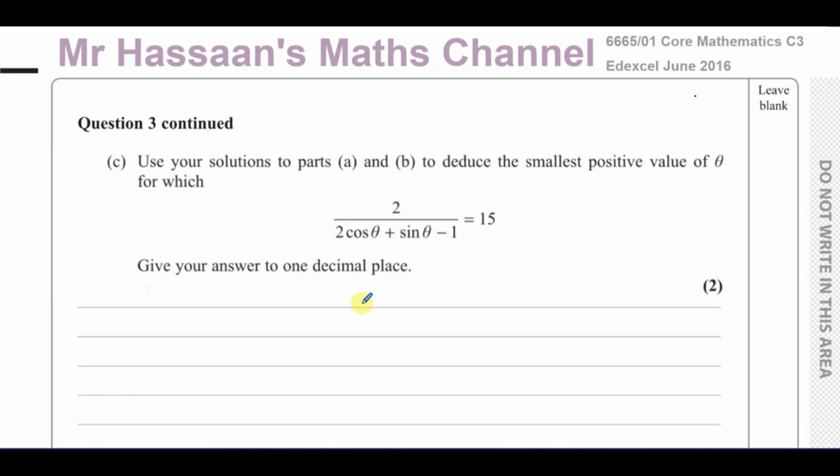Now, I'm pretty sure that many students looked at this question and thought, hold on, this is the same question as part B, except they just want the smaller of the two angles. And they said, okay, it's worth 2 marks, and they just wrote down the answer from part B, but just the first angle, because they didn't read the question carefully. You've got to be very careful about this.